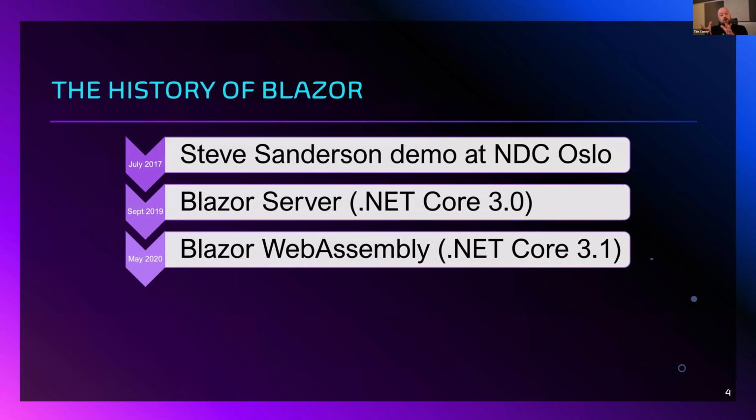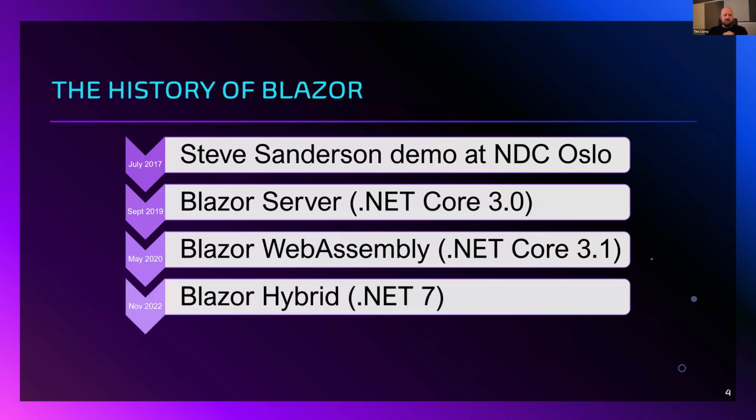And all the C# code that you wrote also went to the client. It acted the same way as Angular, React, or Vue, in that your client-side code fully ran on the client. So that was the second crack at Blazor. They had two different versions of Blazor for a while, Blazor Server and Blazor WebAssembly. I say for a while because they still exist, but we'll get back to that in just a minute.